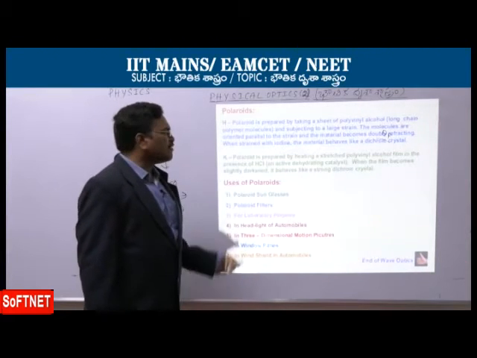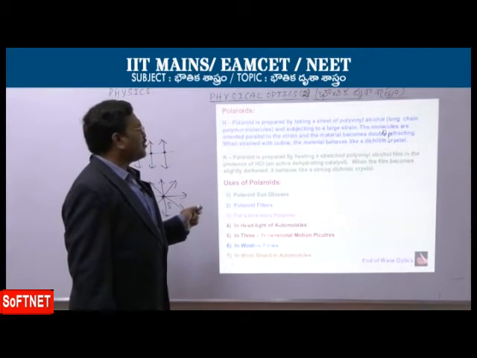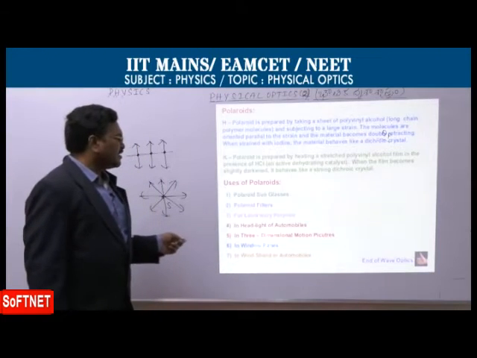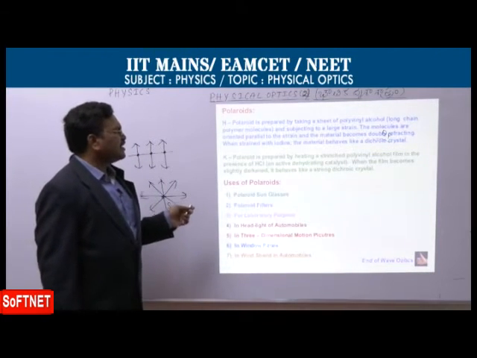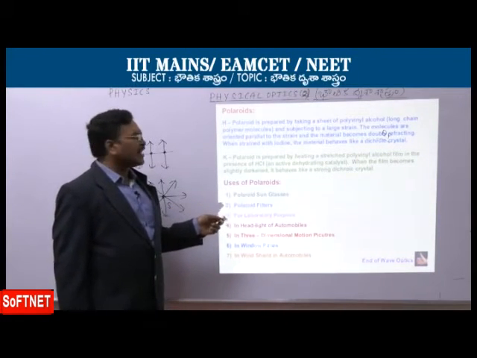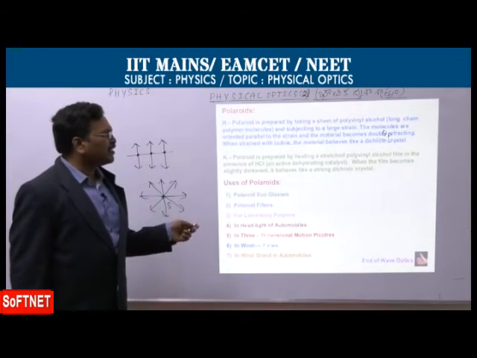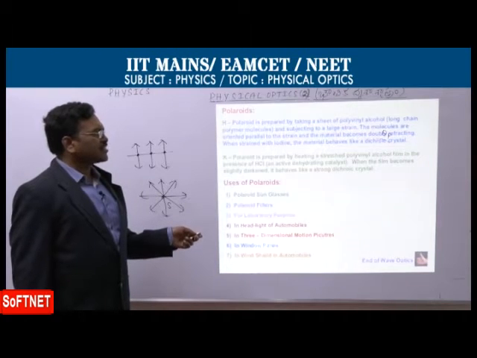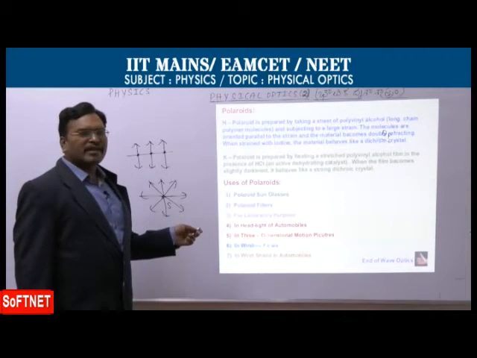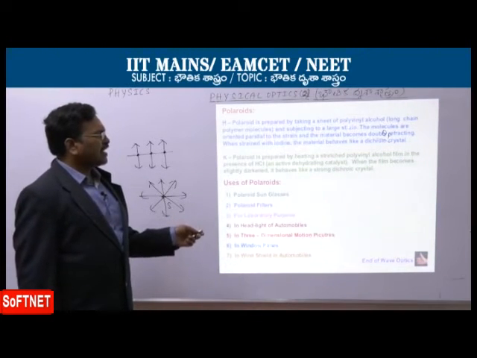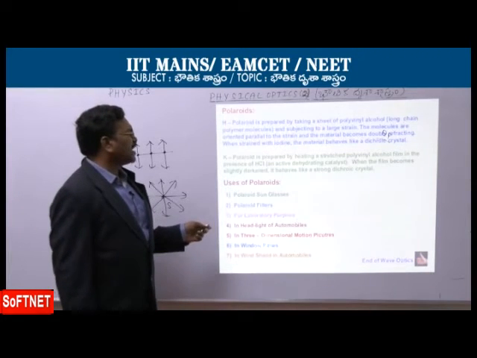Now the uses of polaroids. What are polaroids? A polaroid is prepared by taking a sheet of polyvinyl alcohol, long chain polymer molecules, subjected to what? Large strain. The molecules are oriented parallel to the strain and the material becomes double refracting.